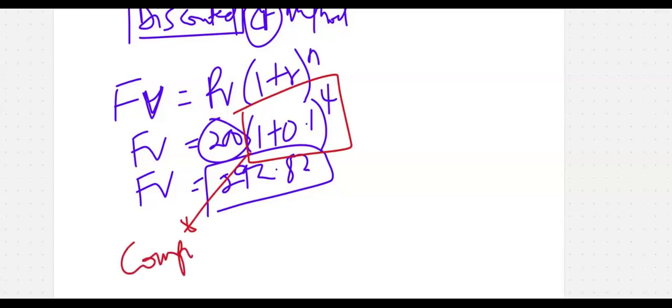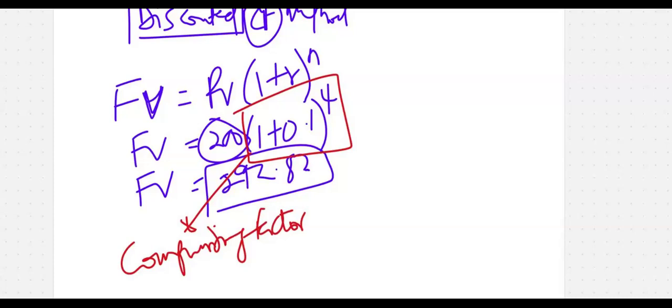I'll be using it a lot. So the compounding factor would make the money grow into the future. So the formula for future value equals the present value times the compounding factor. The compounding factor is the 1 plus r exponent n, which is at the top.